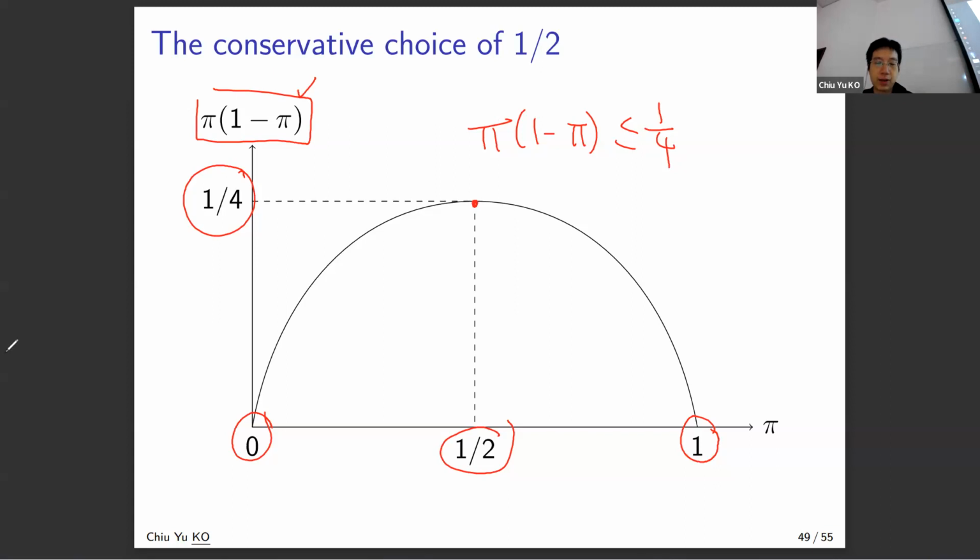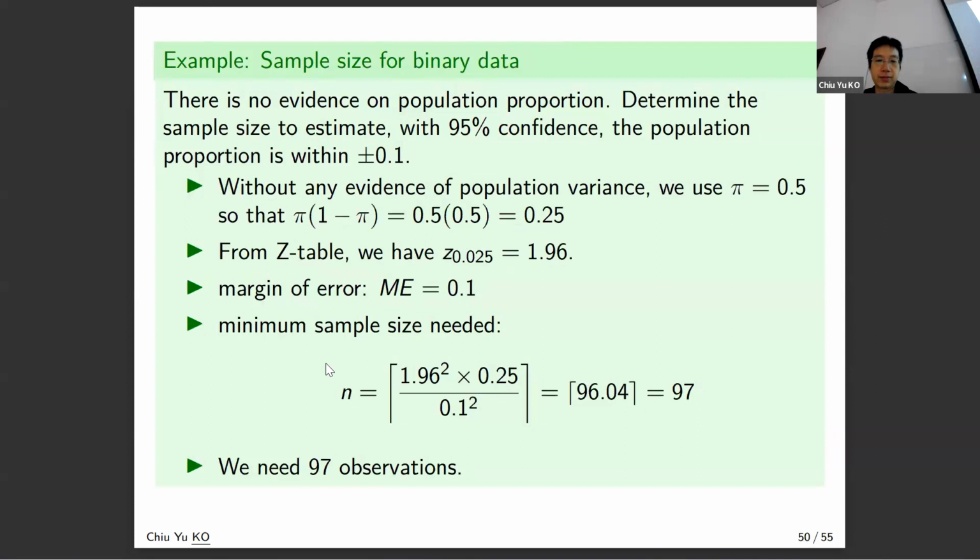The formula is nothing new; instead of using the number there, we use 0.025. So this is the number that we need.